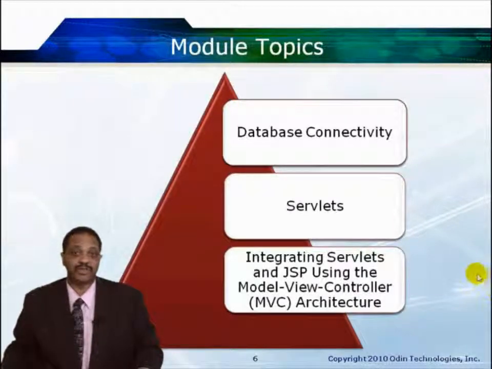When we do that, we're going to be using the Model View Controller, or MVC architecture. So when we take these servlets and add them into our Java applications, we're also going to want to use Java Server Pages, or JSPs. So we'll see how Java technology maps into web pages using this technology.